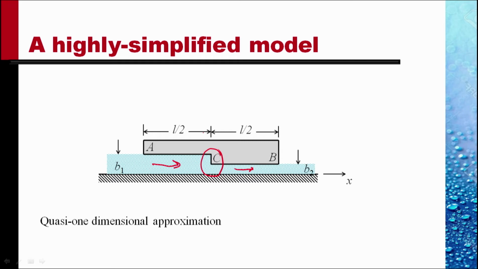In a steady state, the flow through part 1 of the channel should be the same as the flow through part 2 of the channel. Q1 dot prime should be equal to Q2 dot prime. The prime indicates we are talking of per unit depth.